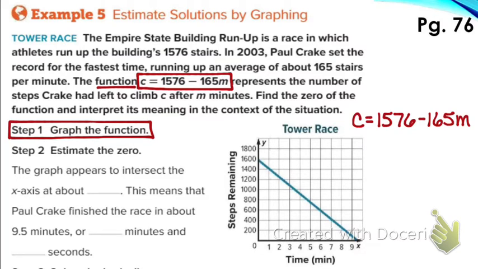What does m mean? Minutes. It says m minutes right here. So m means the number of minutes. What does c mean? The number of steps that they have left to climb.